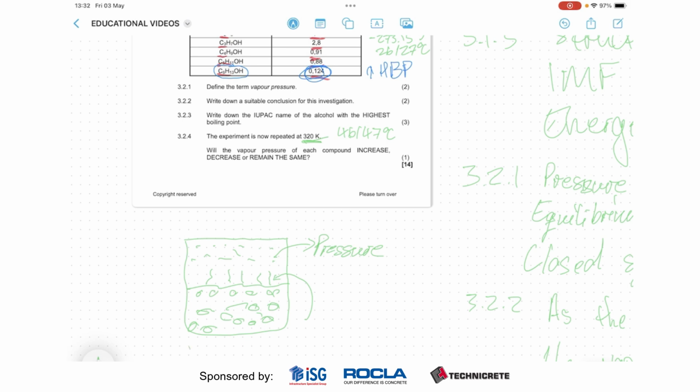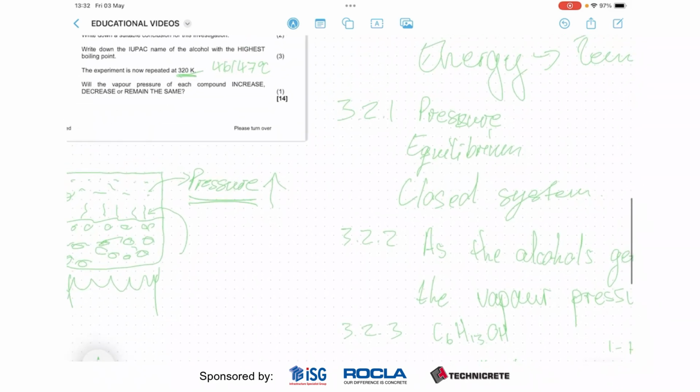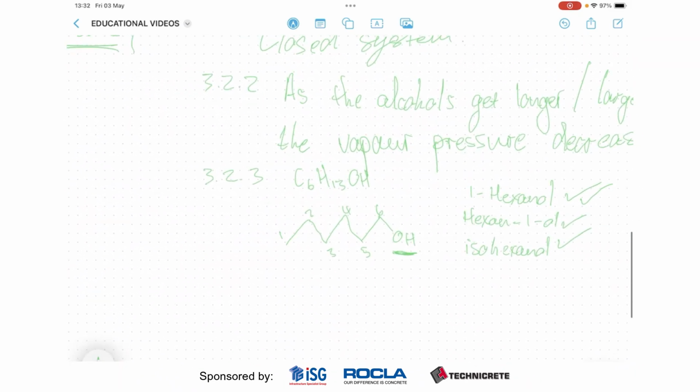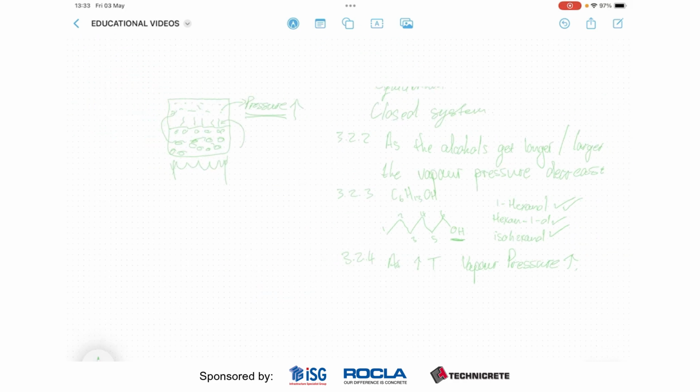So if it's hotter, I'll just draw some heat, there's a higher average kinetic energy in all these molecules. So it's easier for them to go off into vapor, and that therefore increases the pressure. So basically, to answer the question, at increased temperature, the vapor pressure also increases. And that concludes question 3.